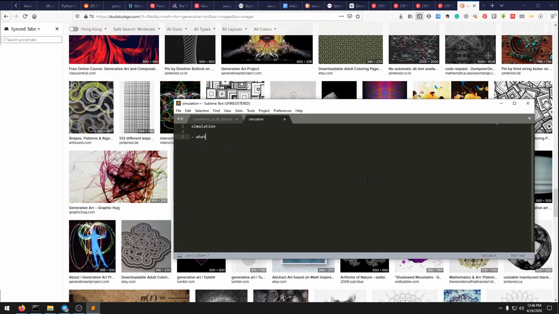So what is simulation for you? What's your opinion about the simulation theory? For this, I would like each of you to write down a short text.